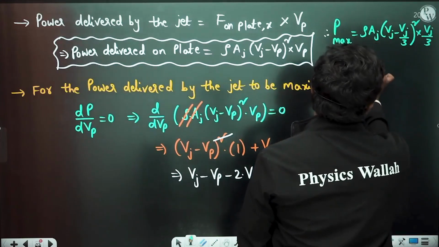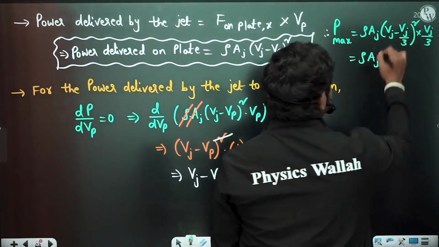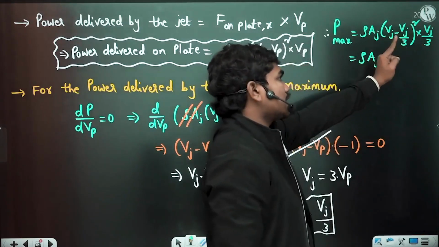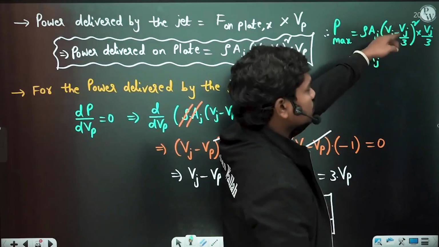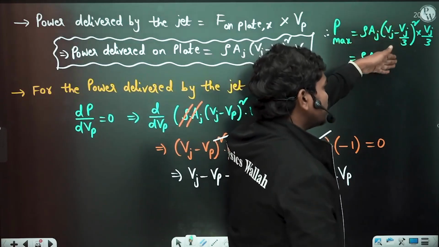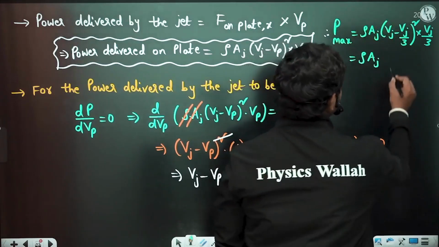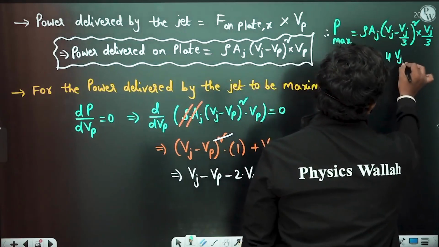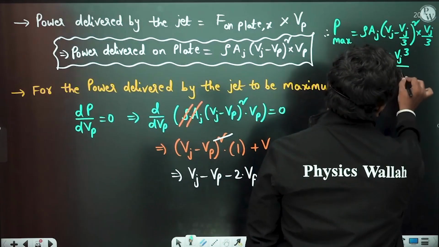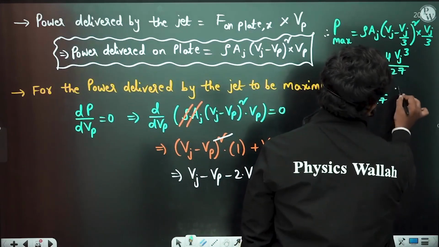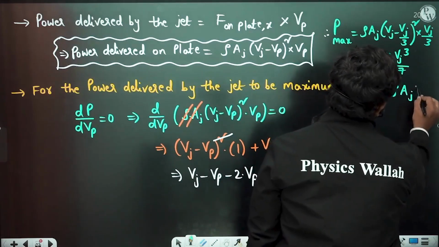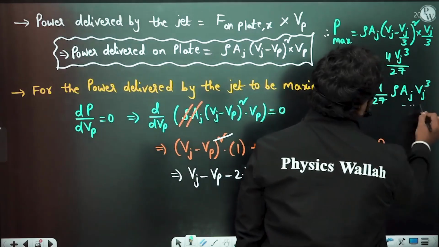Simplifying, 2 vj by 3 squared gives 4 vj squared by 9, and into vj by 3, total 4 vj cube by 27. So you get 4 by 27 times rho aj into vj cube in this case.